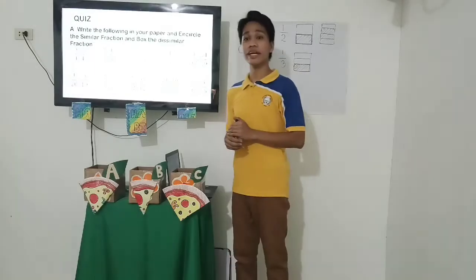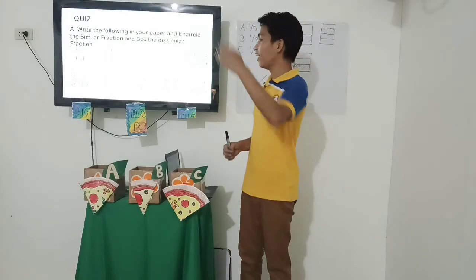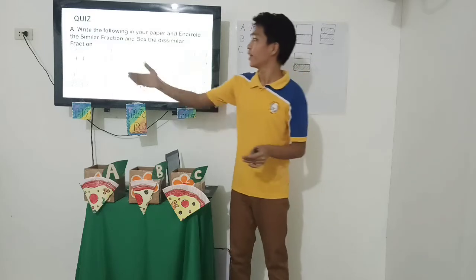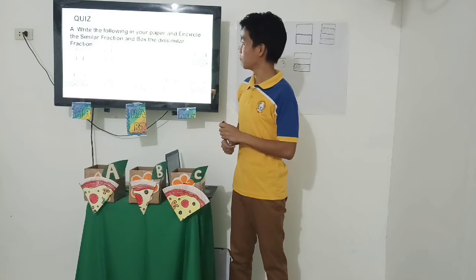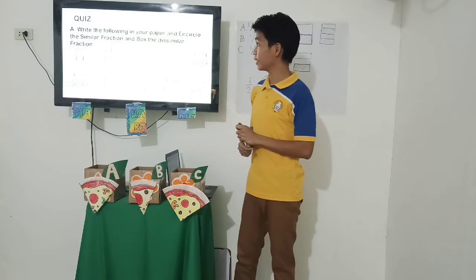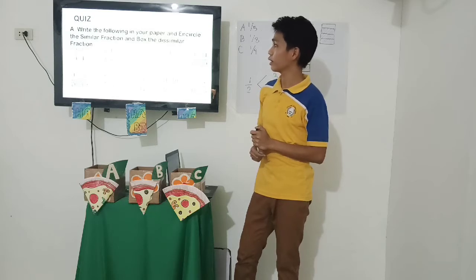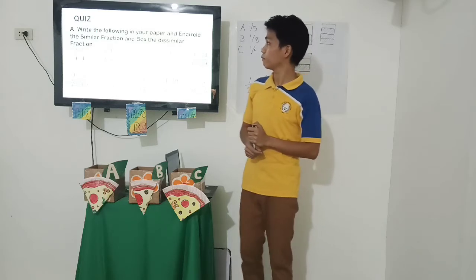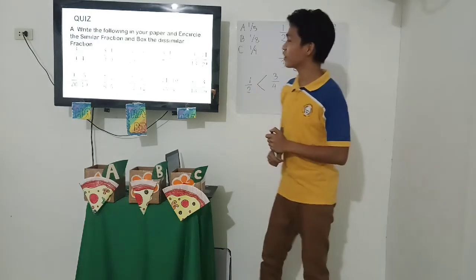Who wants to read the instruction? Yes, Maricar. Write the following in your paper and encircle the similar fraction and box the dissimilar fraction. Okay, thank you for reading it.